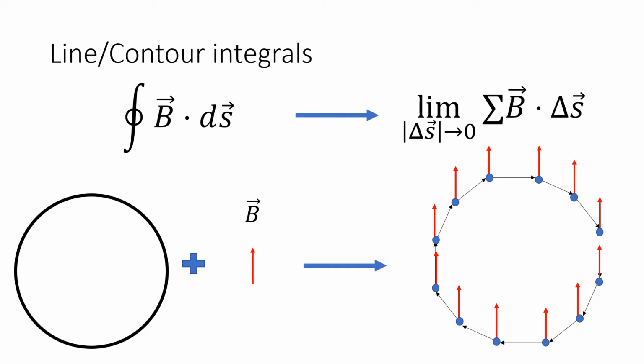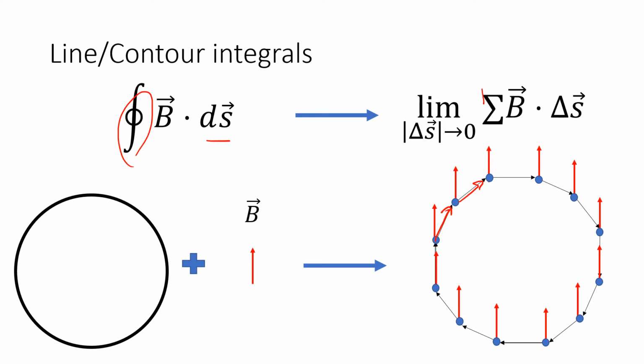And what B dot ds actually means is you're breaking up this path into a bunch of little vectors, little black arrows, ds. What you're doing is a dot product between ds and B for every single one of those, and then adding those up. So that's the summation here, and that's what this integral means.